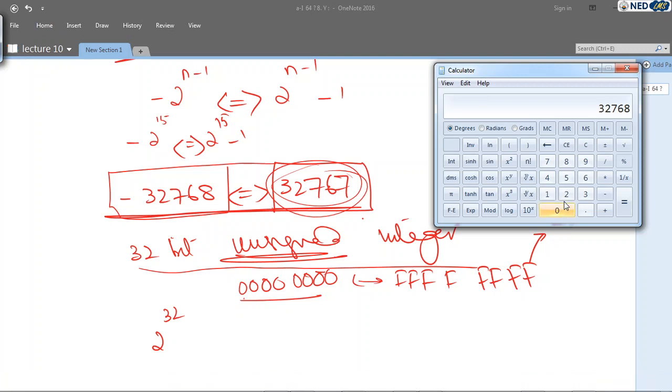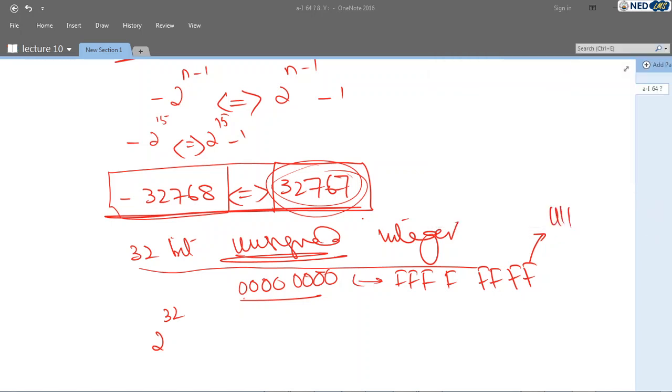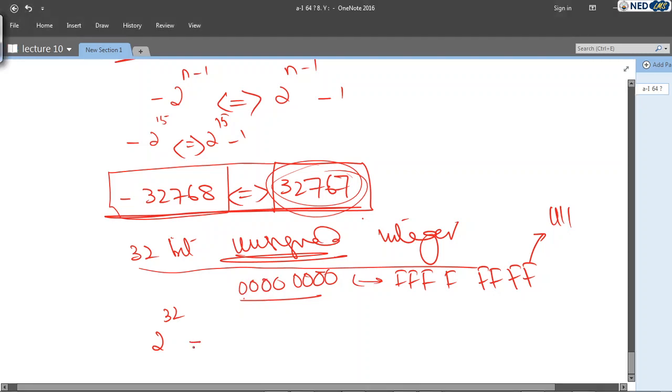Let's see. 2 to the power 32 equals a big number, 4294967296.